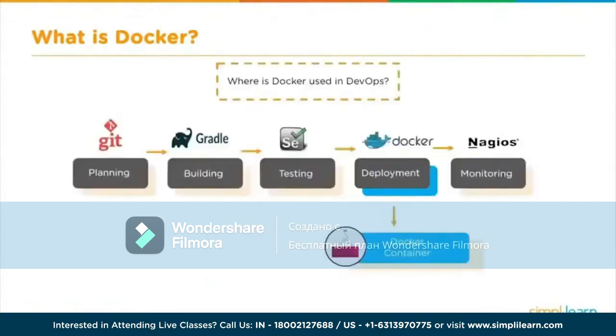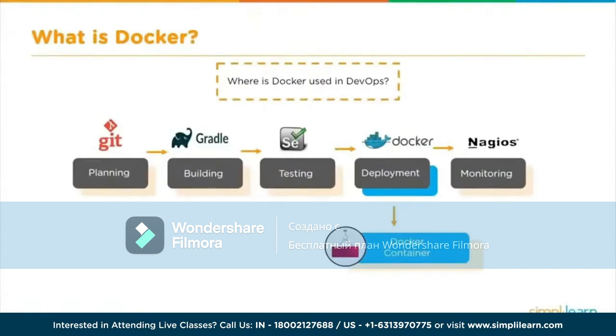If we look at our DevOps lifecycle, the place where Docker really shines is in deployment, because when you're at the point of deploying your solution, you want to be able to guarantee that the code that has been tested will actually work in the production environment.